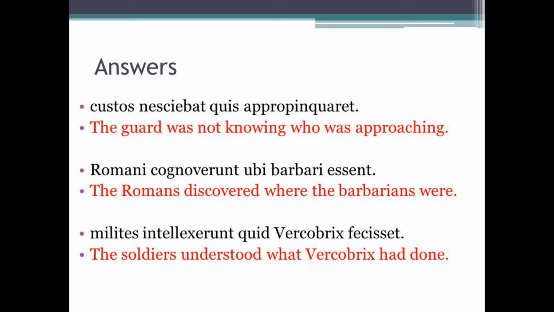Romani cognoverunt ubi barbari essent. The Romans discovered where the barbarians were. Milites intellexerunt quid Vercobrix fecisset. The soldiers understood what Vercobrix had done.